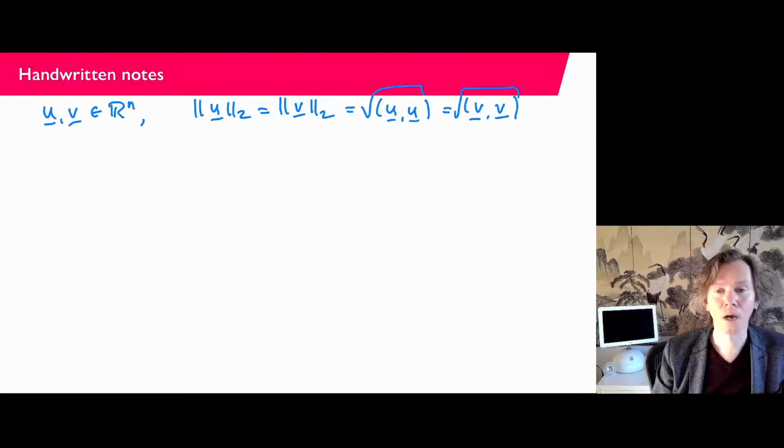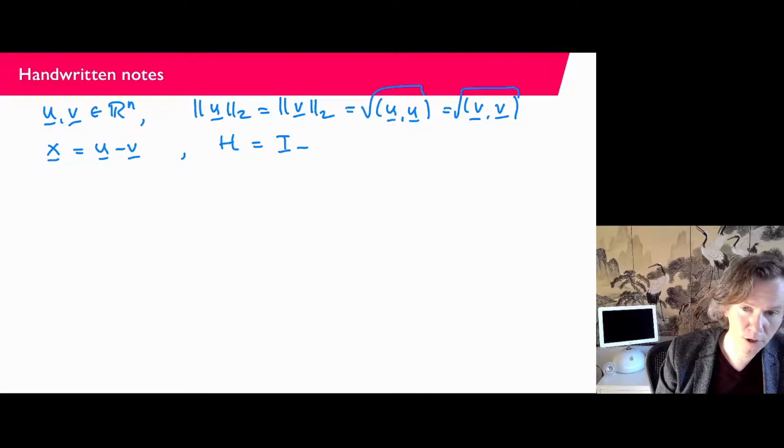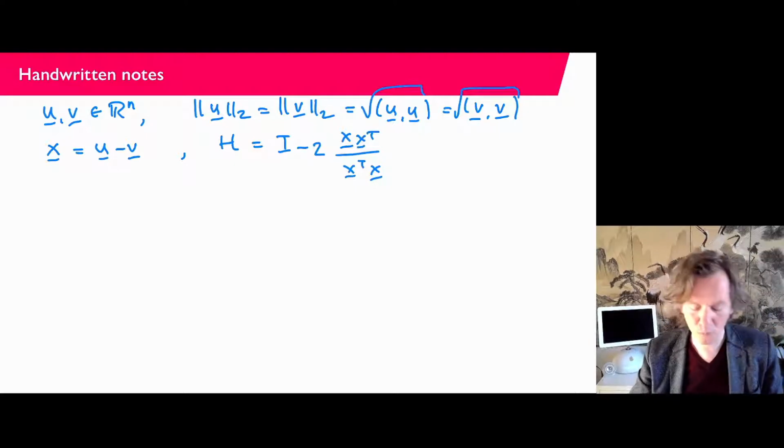Like this. And the theorem tells us that if we pick x as u minus v and then the corresponding H matrix, identity minus 2x x transpose over x transpose x, this accomplishes what we would like it to do.